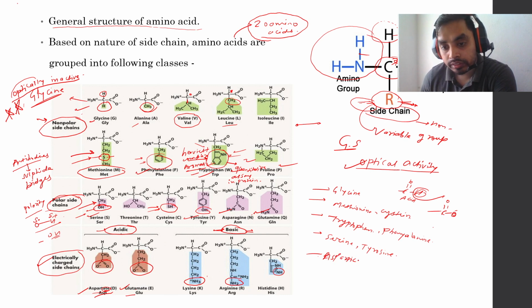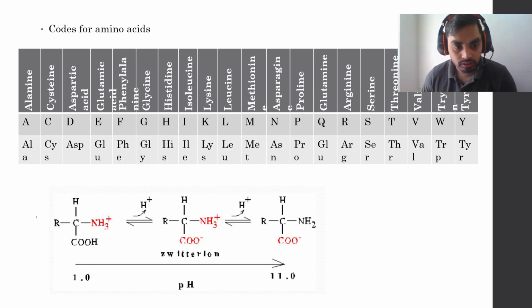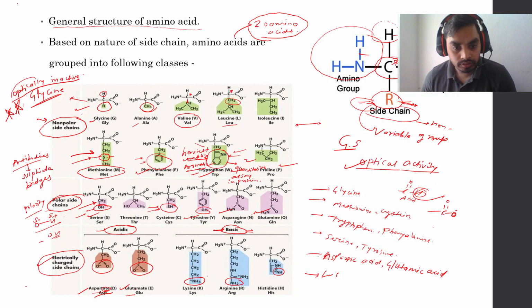Aspartic acid and glutamic acid. Okay, and next one is lysine, arginine and histidine. So these are basic amino acids.